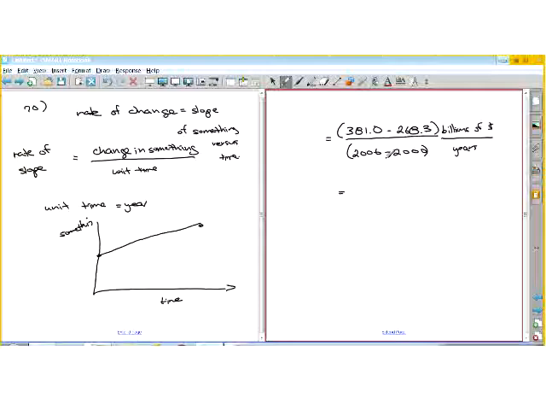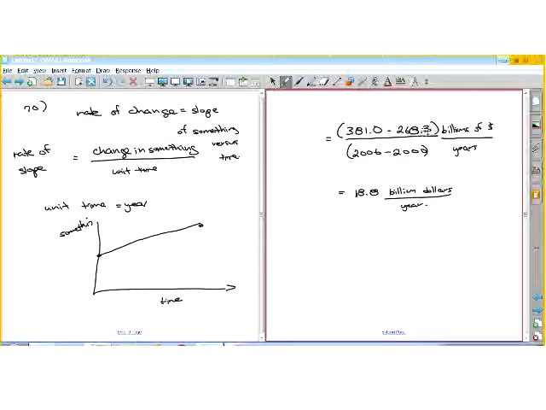So when you do that, you'll get 381 minus 268.3 divided by 6, and I get 18.8 when I round it off to 3 digits. 18.8 billion dollars per year. So each year, on average, the spending is increased by $18.8 billion over 6 years.